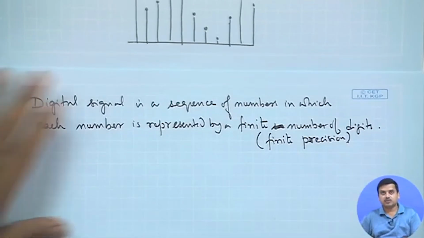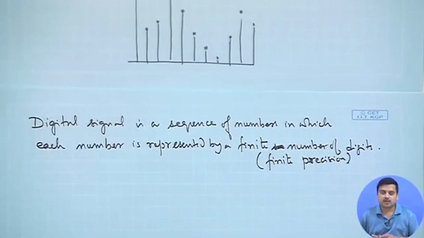Now, why is this so? Why do we have this kind of a constraint? One of the reasons is when we are dealing with these digital sequences, we are basically talking about finite systems, because all practical systems are finite in nature. So, if I have a particular value, if I do not fix the precision of it, then I will require infinite memory. Or looking at it in a reverse way, the numbers which we can process in digital form, we fix the word length of that number, so we have finite precision.